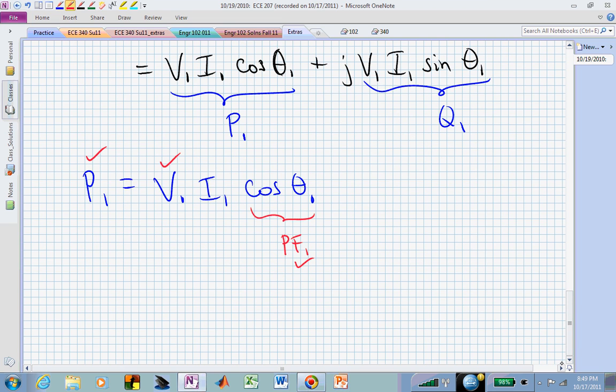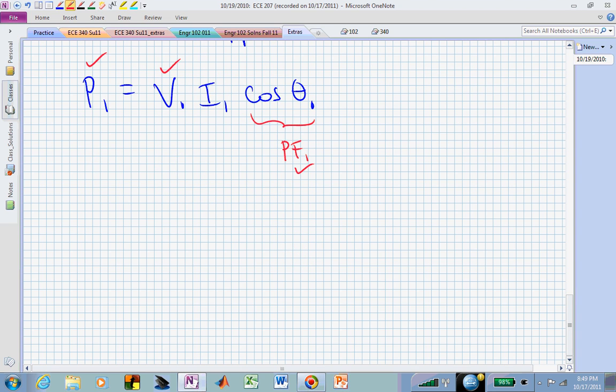Now we know what the magnitude of our current is through the first load, or load 1. That's now I1, which is this IRMS, and I can find that by taking P1 and dividing by V1 and power factor 1.